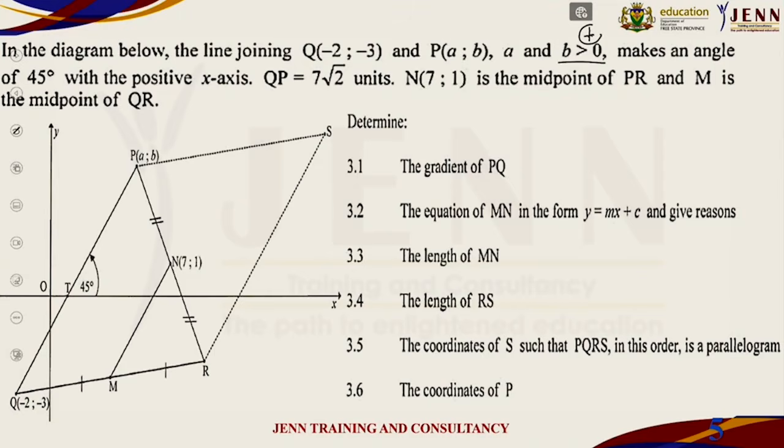What is QP? That will be the length, that will be the distance, which is 7 square root of 2 units. Then we are having N. The coordinates of N, we are given, are 7 and 1. Then we are told that this point N is the midpoint of PR, and M is the midpoint of QR.